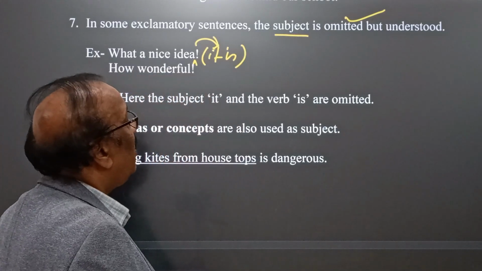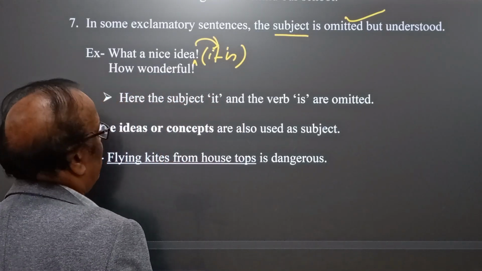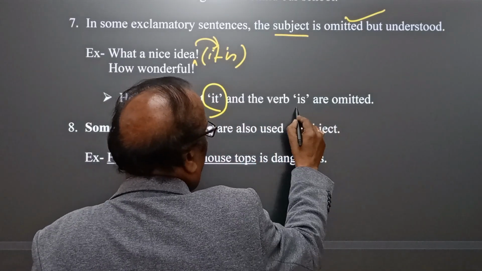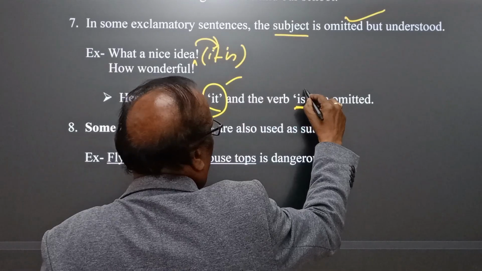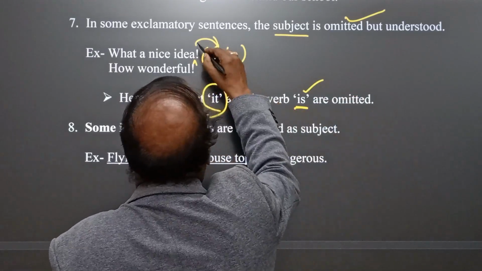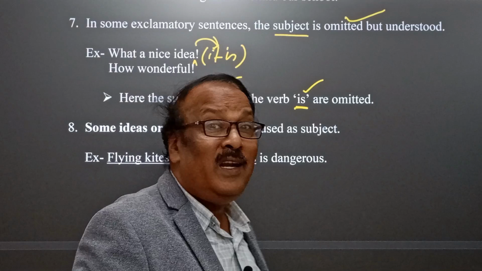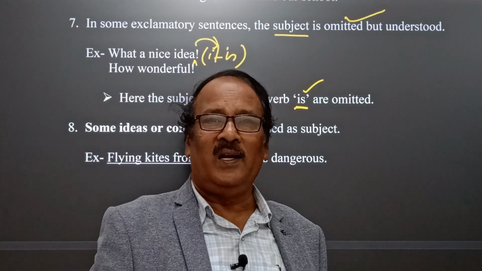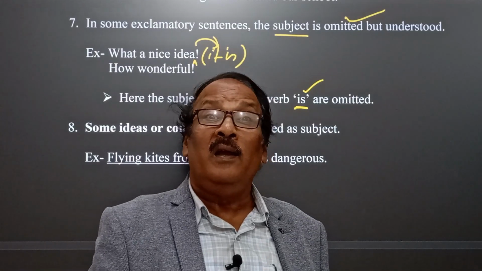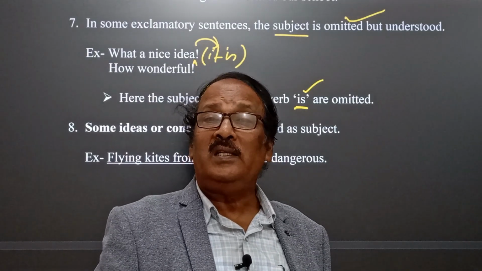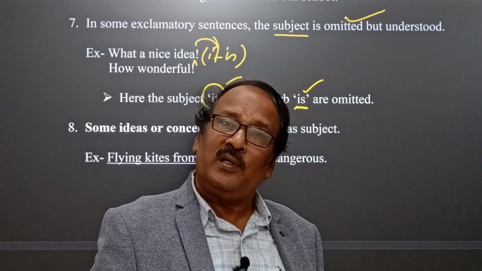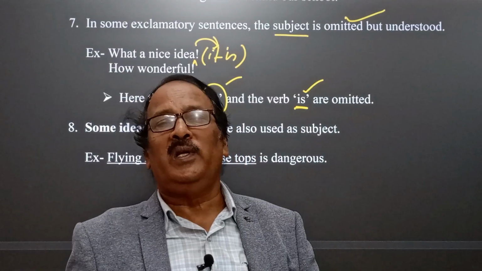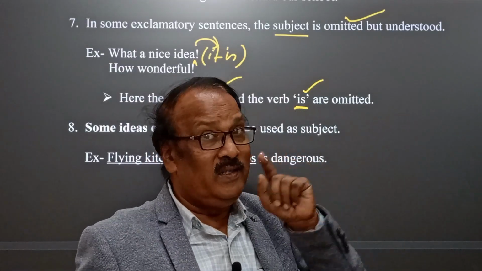Naturally, here the subject 'it' and the verb 'is' are omitted. 'It is a very nice idea. What a nice idea.' We may use 'it' or omit it, but it is there.